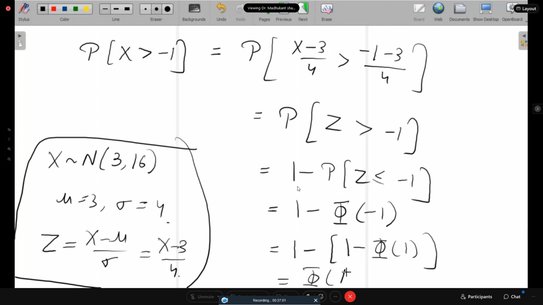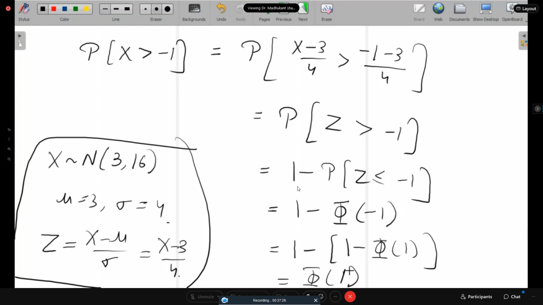And it's very straightforward from here as well: z greater than -1 will be the same as the probability that z is less than or equal to 1.